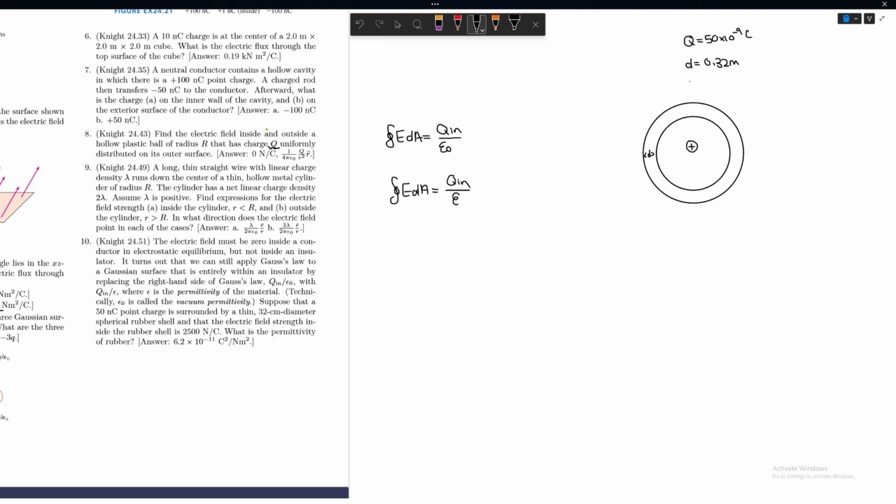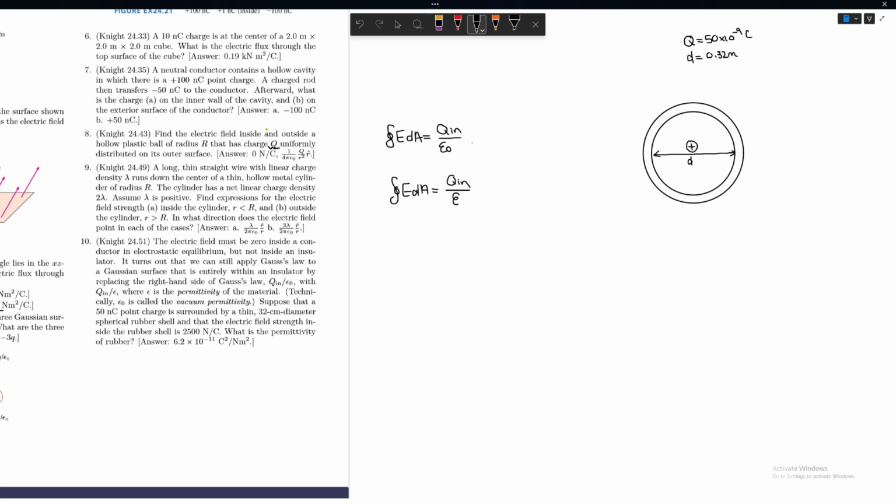Oh, it's thin actually, my bad, I made a mistake here. It says the diameter of the spherical rubber is 32 centimeters. This area here is very thin, so don't think that it's anything. We'll give this distance D, and D equals 0.32 meters.